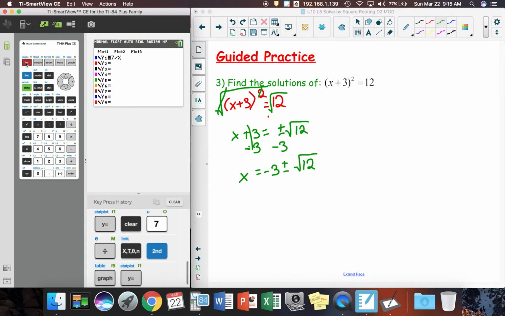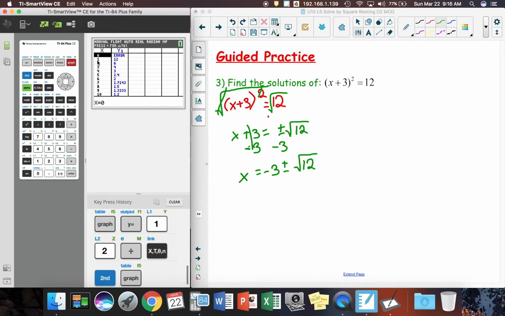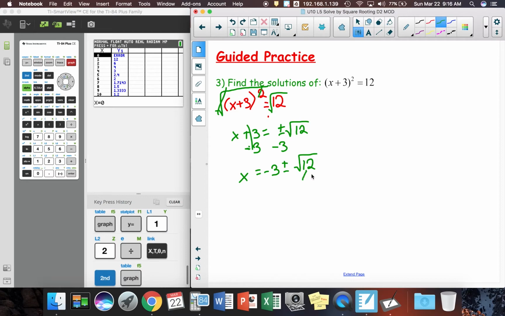So let's just check here. I type in 12 divided by x, second graph, and as you can see here, we have 1 and 12, 2 and 6, 3 and 4. 4 is a perfect square, and because it has a perfect square, I'm going to break this up.